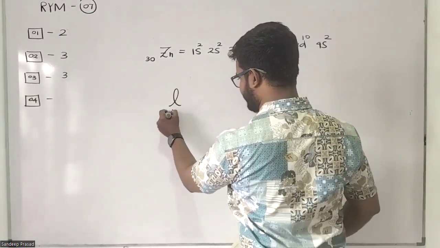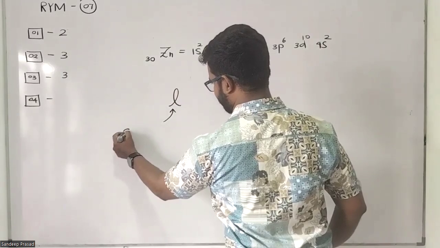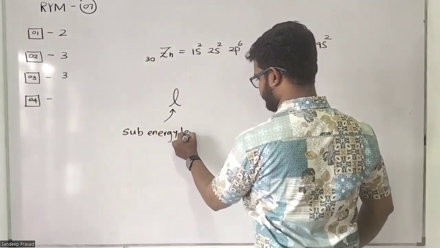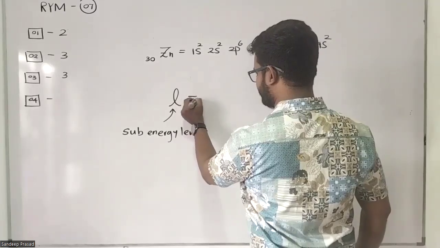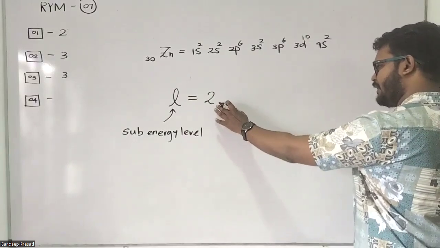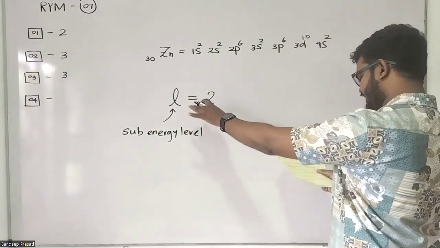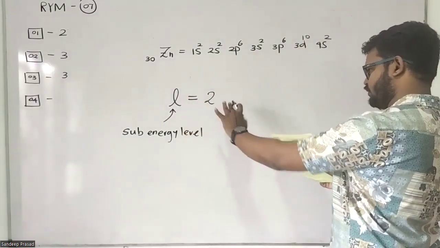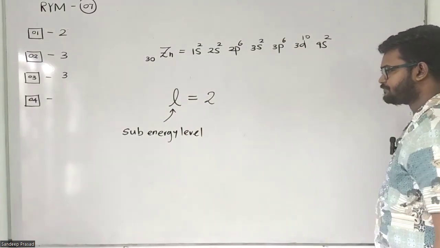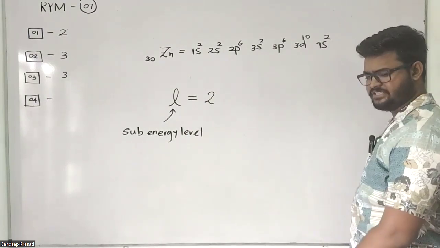Remember students, L means azimuthal quantum number representing the sub-energy level. So the quantum number they have given is 2. Then you have to understand, if it is L equal 2, which sub-energy level is that?